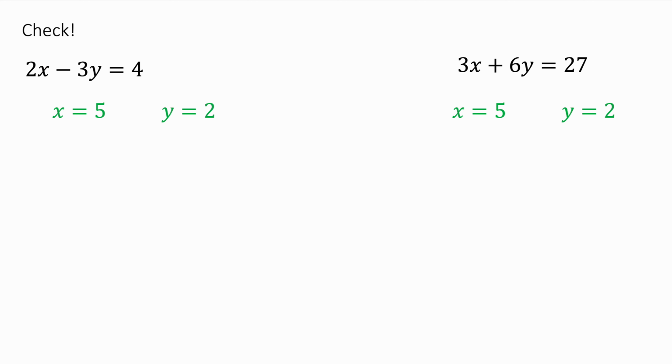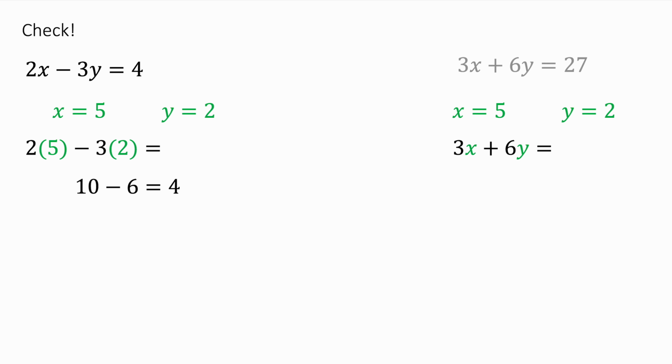Now, finally, just to show you, there is always a check when you do mathematics. We can substitute x is 5 and y is 2 into the two original equations, like this. And when we figure that out, 2 times 5 minus 3 times 2 is 4.